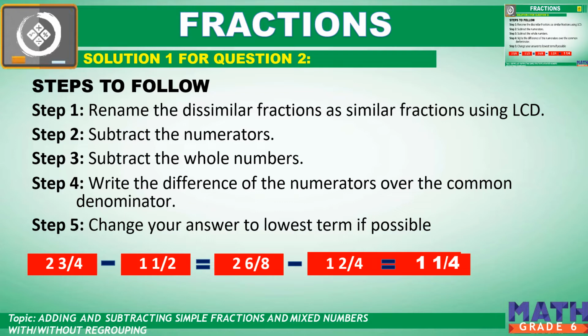And step number 4, write the difference of the numerators over the common denominator. And step number 5, change your answer to lowest term if possible. So we have here 2 and 3/4 minus 1 and 1/2 equal to 2 and 6/8 minus 1 and 2/4 or equivalent to 1 and 1/4.